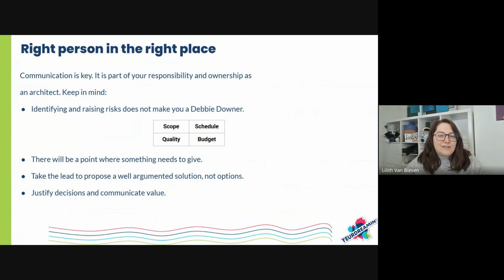And then if we look at the different domains or different attributes that come into a project, you have scope, schedule, quality, and budget. In a perfect world, these will never conflict, and we'll always have perfect scope within the budget with a schedule that is allowing us to have the right quality that we would like. However, unfortunately, we don't live in a perfect world, so there will always be a point where something needs to give.